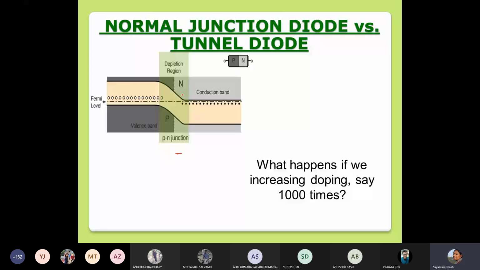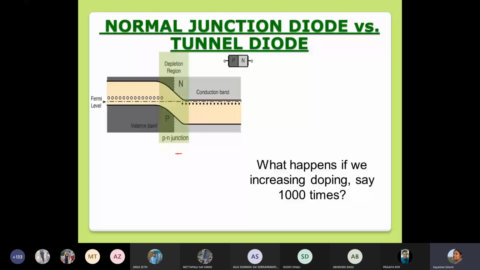And what will happen beyond that? If I further increase the doping, then what will happen? What do you think? The levels will enter the bands. Very good.